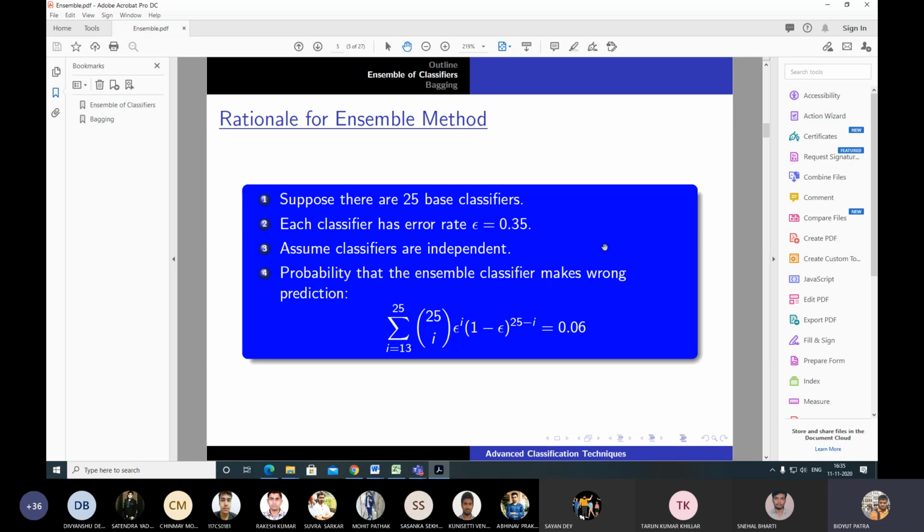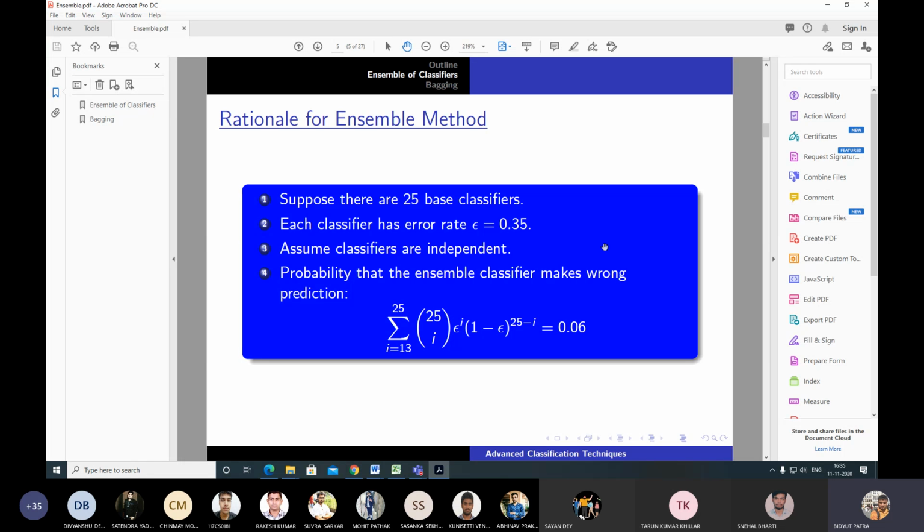Now again you develop another training data set using the same technique. So now you have two training data sets, and you apply two different classifiers on top of the two different training data sets. These two models will be used for predicting the class label of an unknown object.